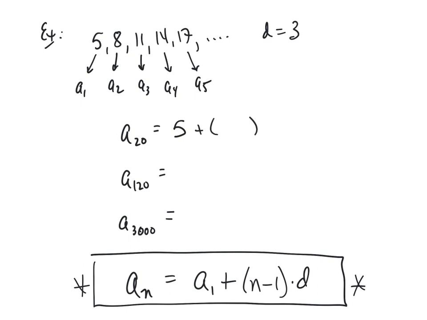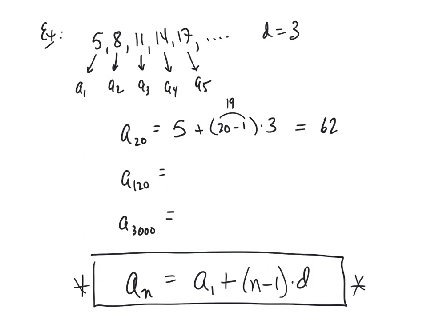Since we're looking for the 20th term, the n value is 20, so we have 20 minus 1 multiplied by the common difference, which we've already said is 3. 20 minus 1 is 19. Multiply first, add second. 19 times 3 is 57, and 57 plus 5 is 62. So the 20th term in this sequence would be the number 62.